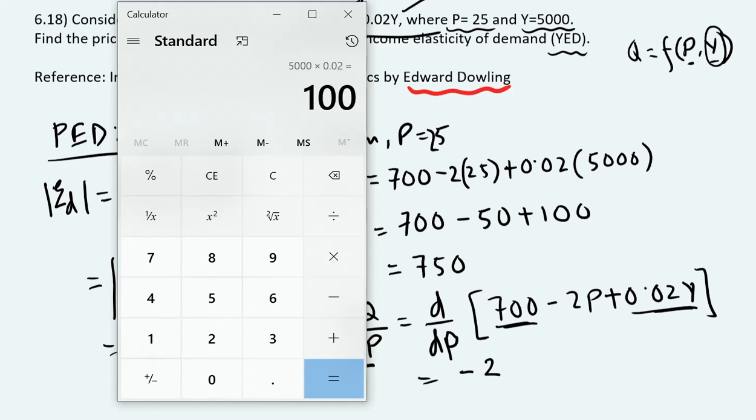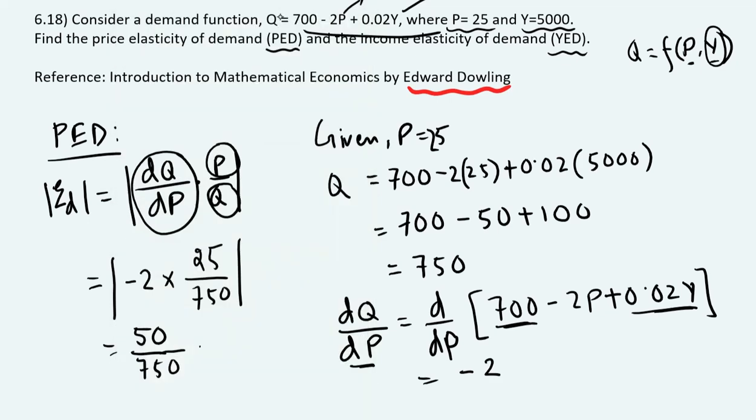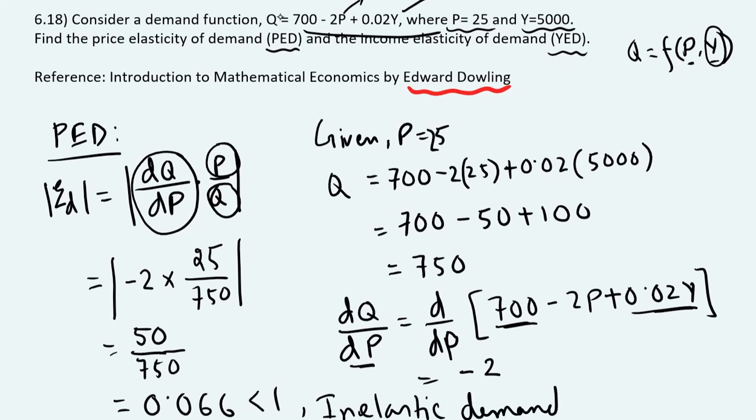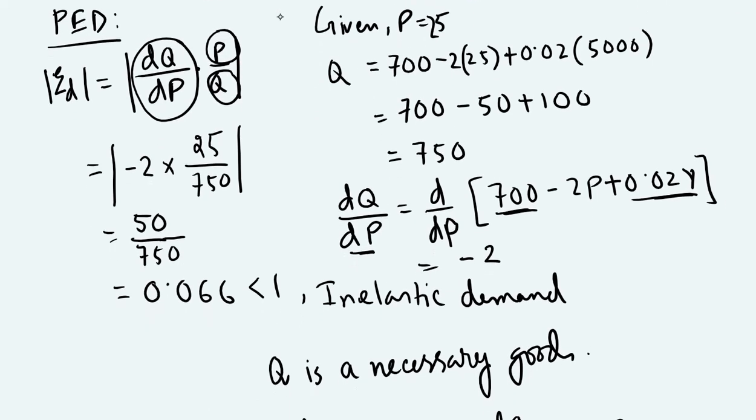If I use the calculator, 50 by 750, 0.066, which is less than 1, and that's all that matters. So when elasticity of demand is less than 1, we can call that inelastic demand. So demand of this particular good is inelastic, and we can call Q a necessary good.